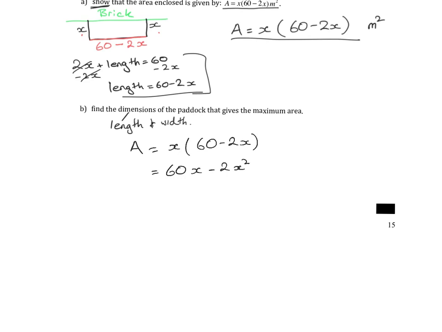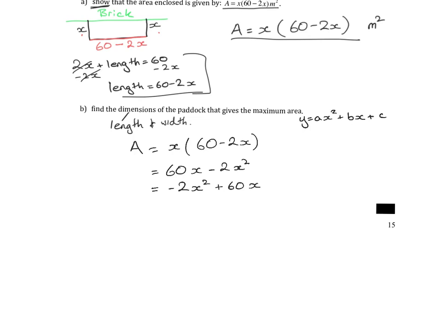Now, usually our quadratics are of this form, y equals ax squared plus bx plus c. So let's get them in that order. So we've got negative 2x squared plus 60x, and then there's no c actually. There's no constant. So girls, when does the maximum of this quadratic function happen?